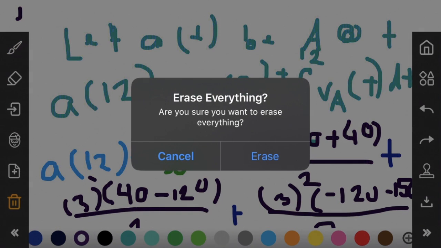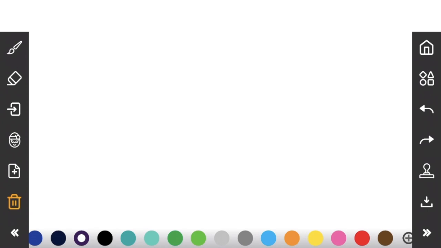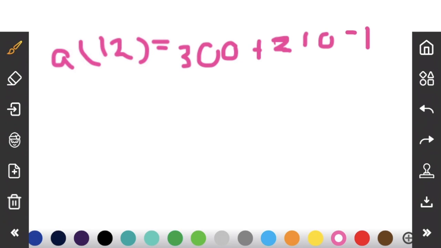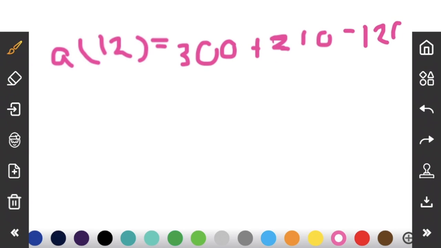And so if you solve for those, it's going to be A of 12 equaling 300 plus 210 minus 120 minus 540.